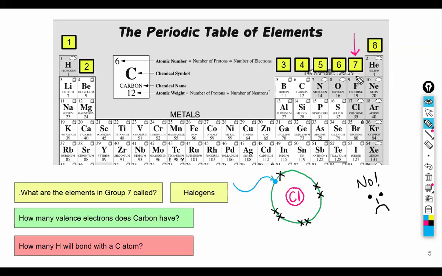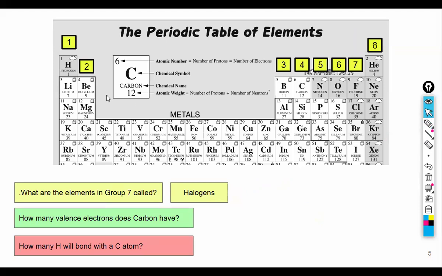So everybody in group 7, fluorine, chlorine, bromine, and iodine, is missing 1 electron, and they will always try to steal or get 1 extra electron to achieve a full shell in order to be happy. Great.